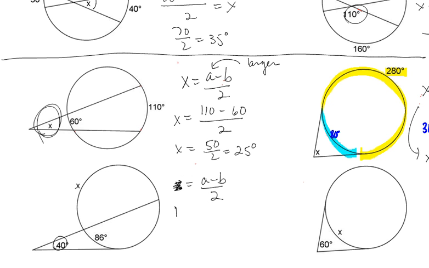So let's cross out x, and we know that the angle formed by the secant and the tangent is 40 degrees. The larger arc is a. The smaller arc is 86 degrees. Divide by 2. So we get 80 equals a minus 86 degrees, or a equals 80 plus 86, which is 166.